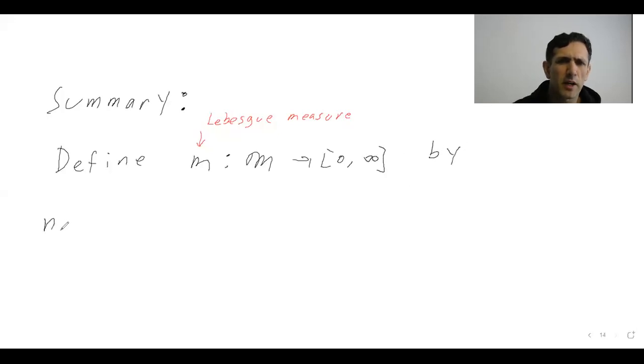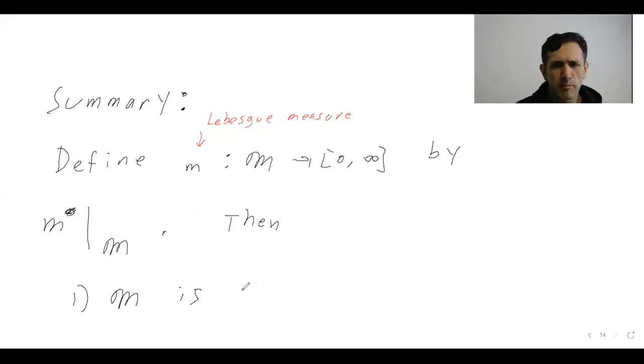It's literally just outer measure restricted to script M. This is little m. I'm being redundant, I know. Maybe I'm being annoying, but I really think it's good to summarize everything, because we put a lot of work into this, so let's summarize all the work we've done.